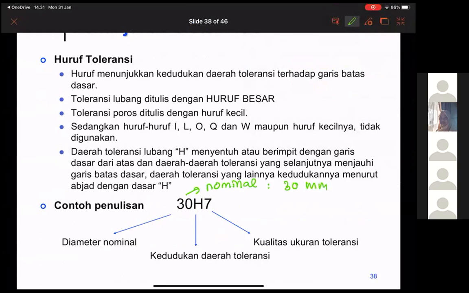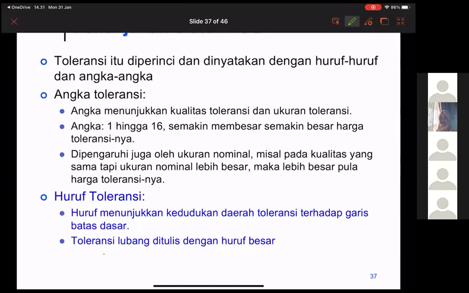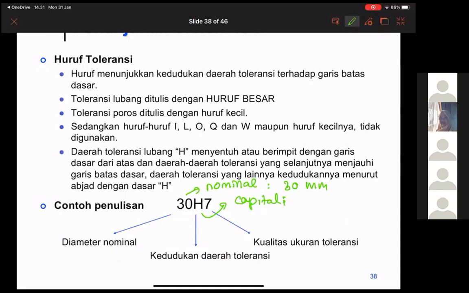Okay, the capital letter tells you about the lubang, huruf besar. So the capital alphabet means the tolerance for the hole. Okay, lubang. So this is about the hole.